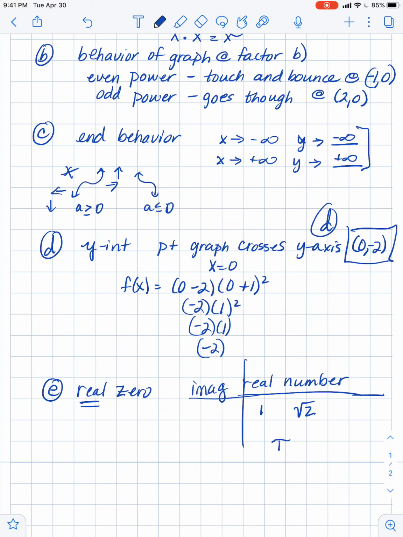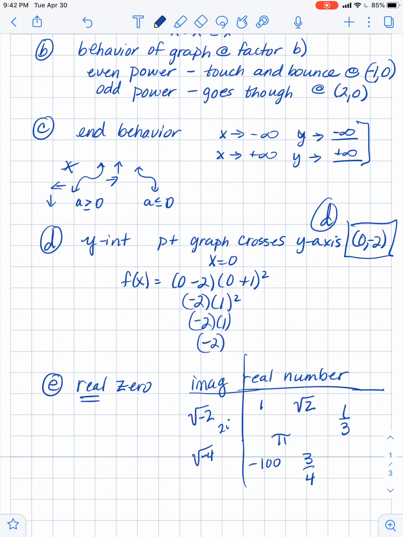You know, pi, 1/3, 3/4, negative 100. Those are all real numbers. Imaginary numbers is the square root of a negative 2. Square root of a negative 4, because I'm going to get that i, remember, 2i. Those are imaginary numbers. Real numbers are any others.